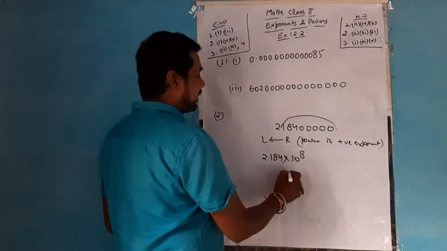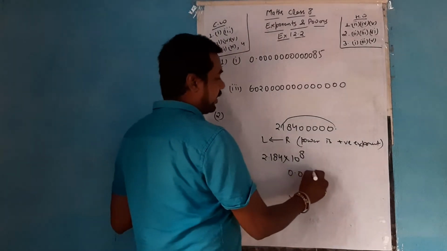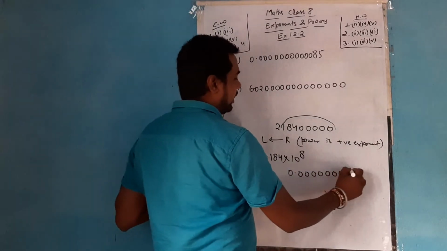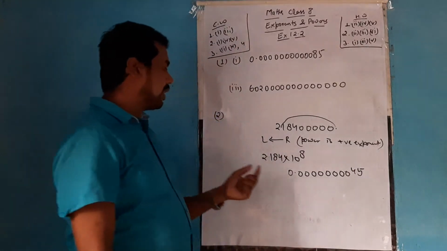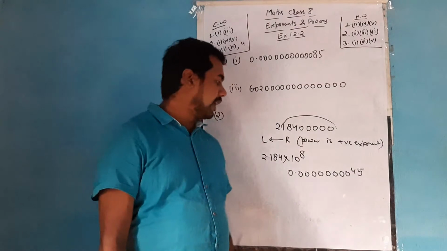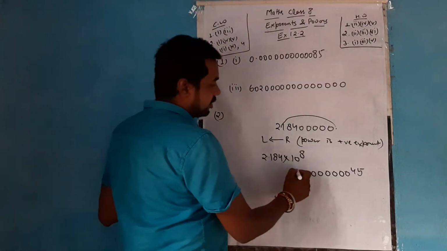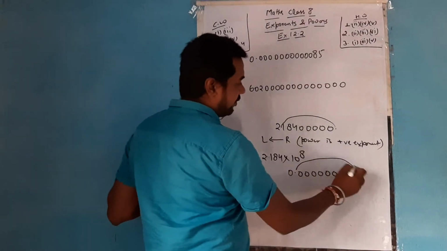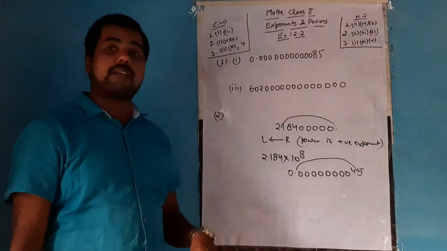Now suppose I take an example where we are shifting the decimal from left to right: 5, 6, 7, 8, 4, 5. Here I have taken 8 zeros and then we have 45 at the last. Now here the decimal is to be shifted from left towards the right side, and that should come after 4.